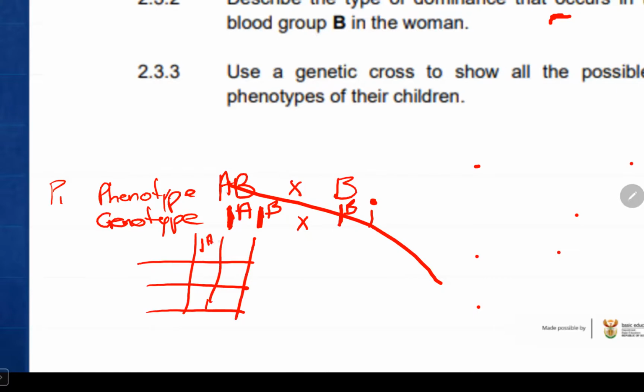You can just draw it there. IB and small letter i. And then you match them up saying IA, IB, IB, IB, IA, i small letter, IB, small letter.